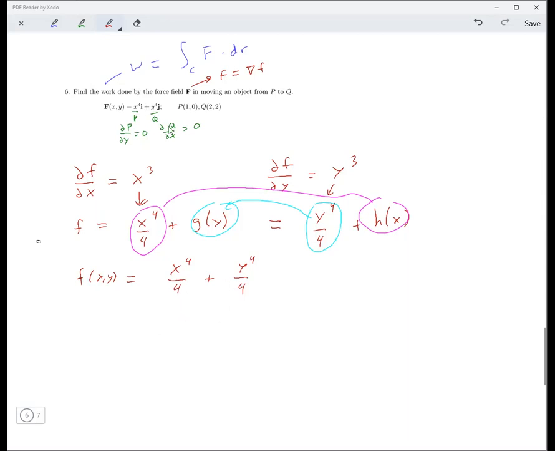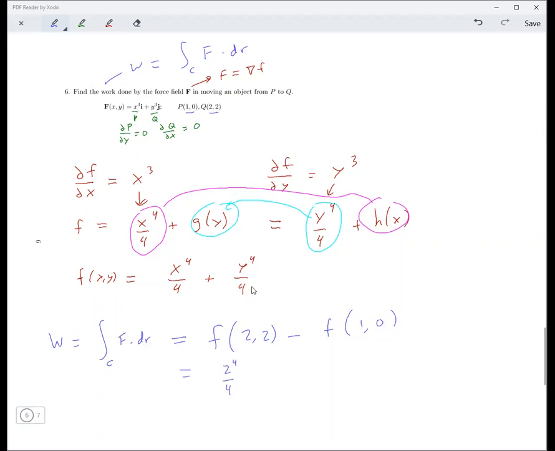So that means that the work is going to be f evaluated at the terminal point minus f evaluated at the initial point. So you put 2 into this function here. That's 2 to the 4th over 4 for the x.